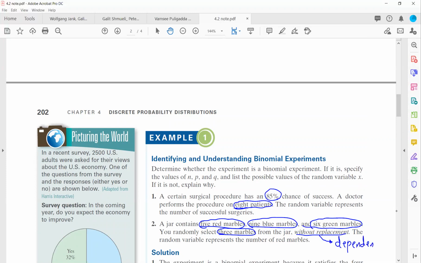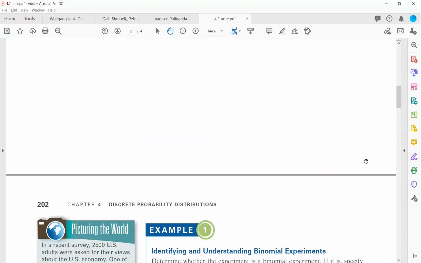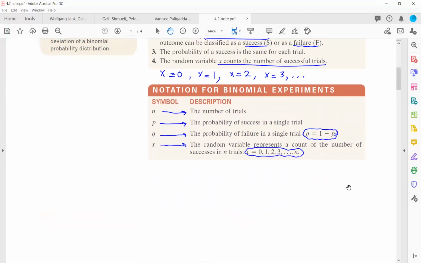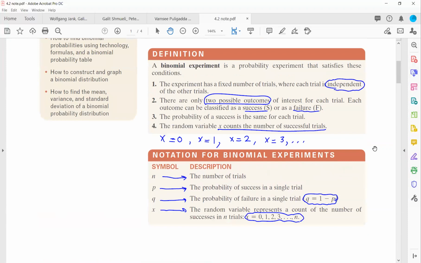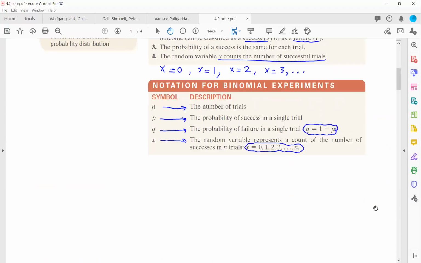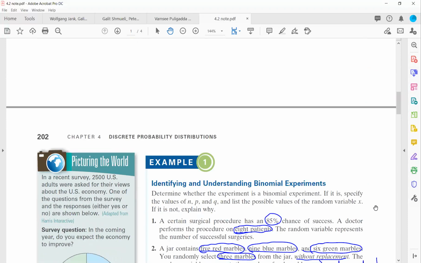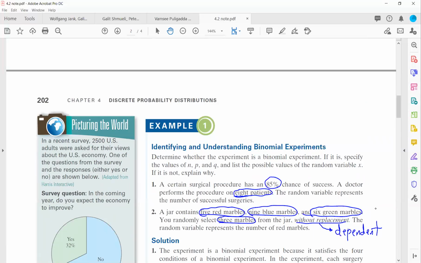You get dependent trials. So does it satisfy the conditions of a binomial experiment? Take a look at the conditions. A binomial experiment must satisfy these 4 conditions. The first one says each trial is independent. So it conflicts with the first condition and it is not a binomial experiment.